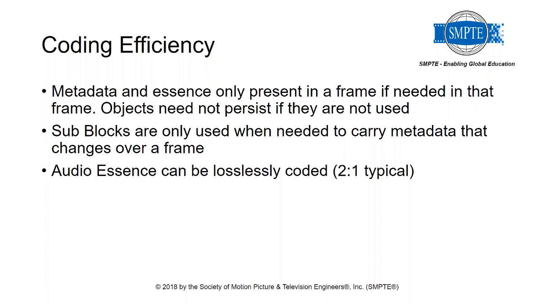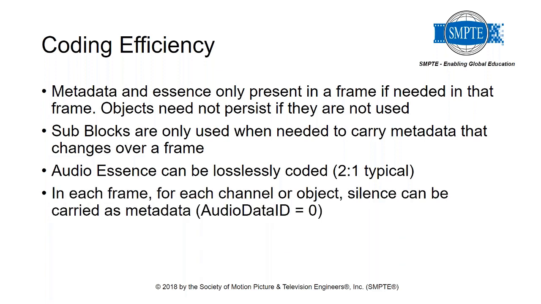And audio essence can be losslessly coded in a cinema. That is the requirement. That typically saves you 2-to-1 on audio over the course of a program. Depending on the type of audio, that can go way up, like to 10-to-1 or more, or down to 1-to-1 for something like pink noise.